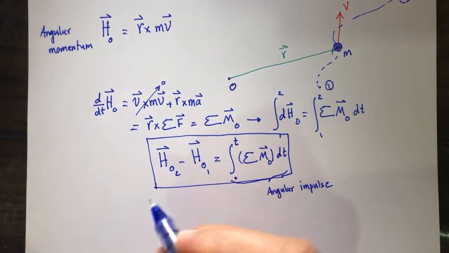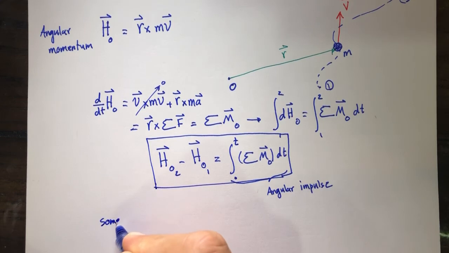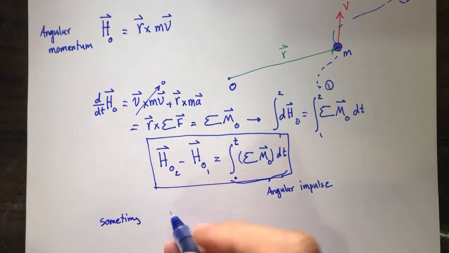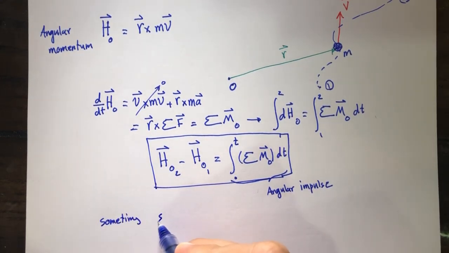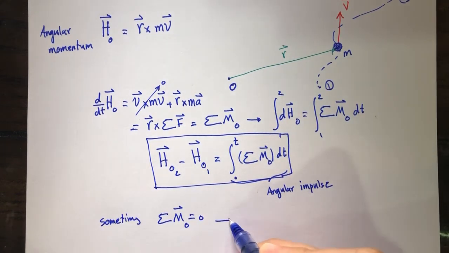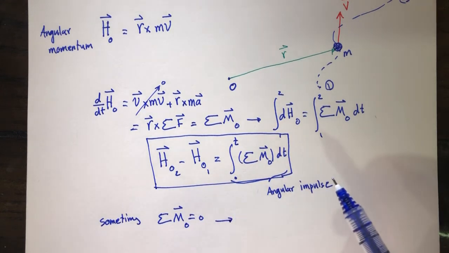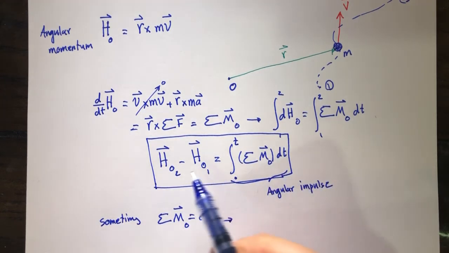Sometimes in some problems, we know the sum of the moments about a particular point like O is equal to 0. In that case, this integral is going to be equal to 0, and we are going to have conservation of angular momentum.